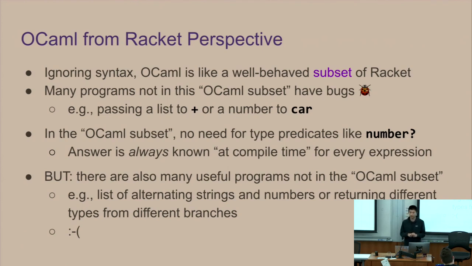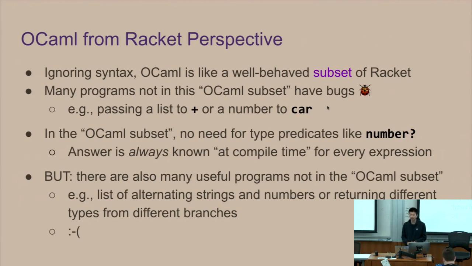The first of the list could be an integer, and then the next one could be a string, and so on. But this is not allowed in OCaml. So OCaml is really a very well-behaved subset of it. For example, you cannot pass a list to a plus or a number to a car.